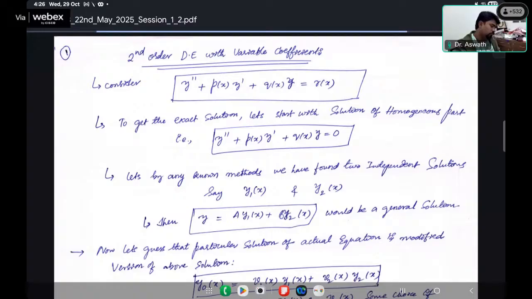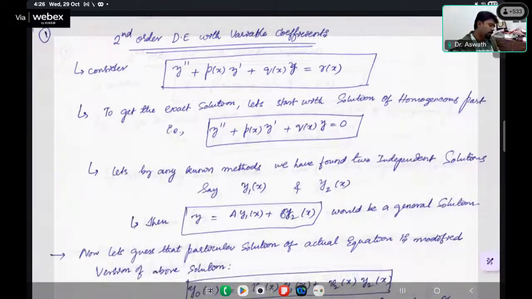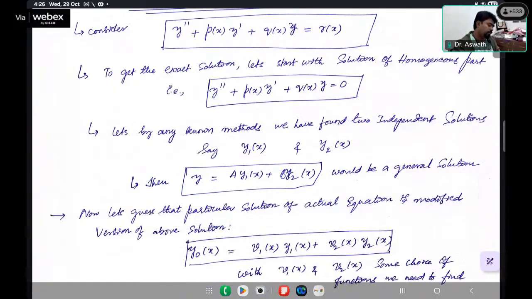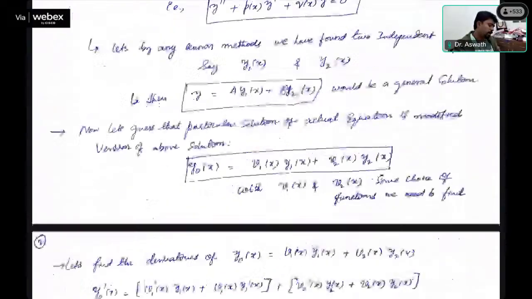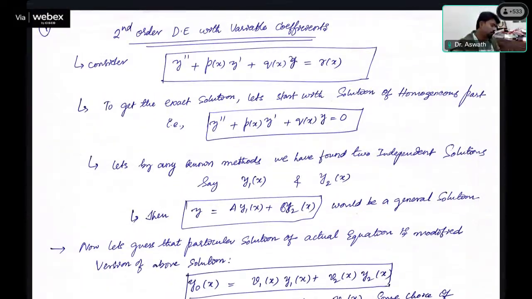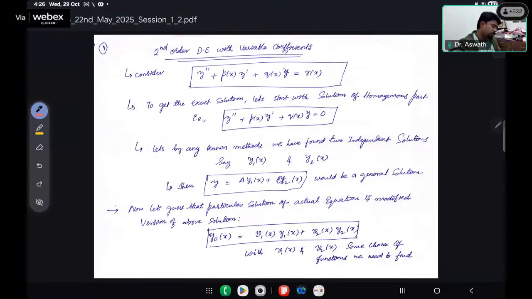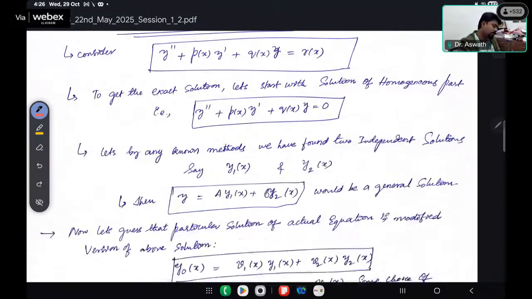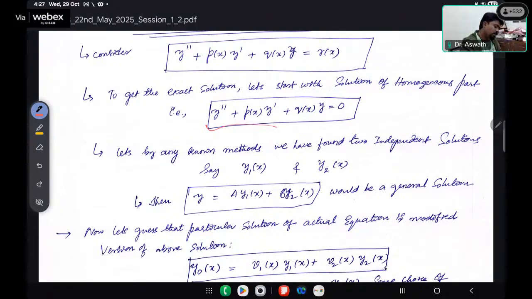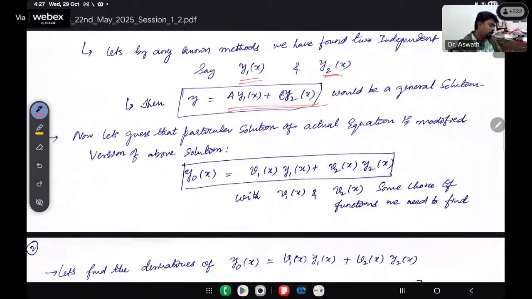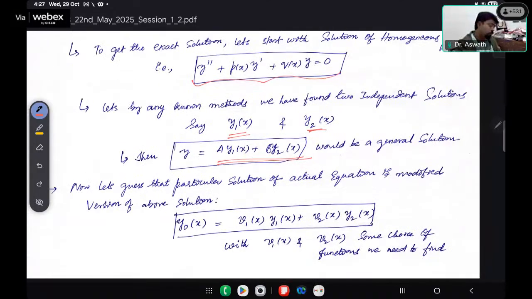So we are doing variable coefficients. I assumed the homogeneous part solution. This is the homogeneous equation. The homogeneous solutions are simple exponential functions. From there, I can write a general solution. But I want to have the non-homogeneous case.